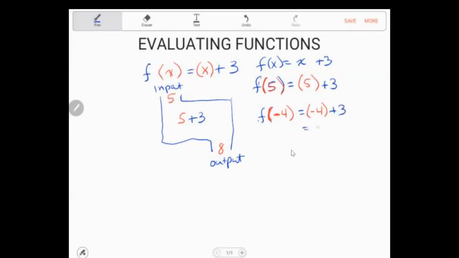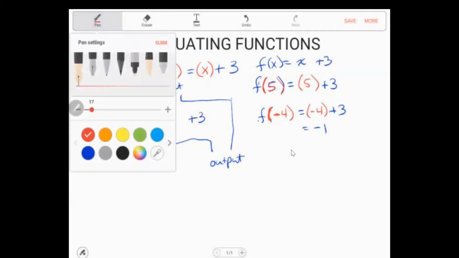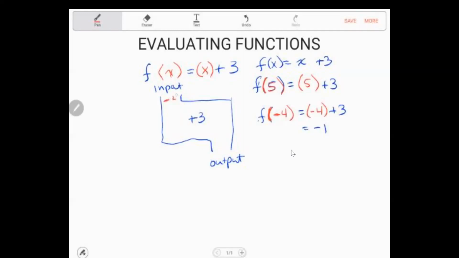In this case, I'm going to get a -1. You can see the advantage of putting the parentheses around this, because you can put these in your calculator and let your calculator take care of your pluses and minuses for you. If we put an input of -4 here, then we have -4 plus 3, and our output is going to be -1.